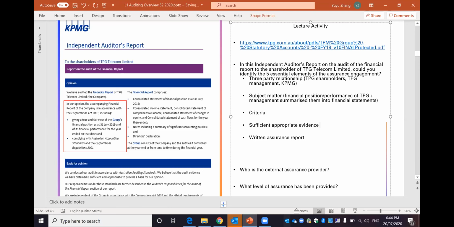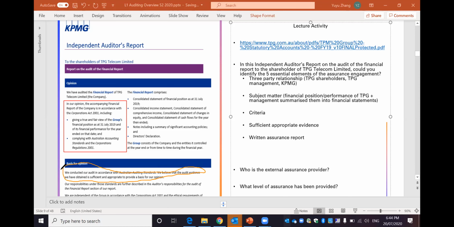So do you really believe this report is based on sufficient appropriate audit evidence? And how do you know that? They've detailed the audits on the financial report, meaning the statements and the notes, etc. Director's declaration.